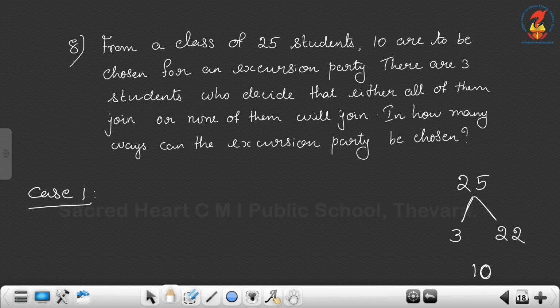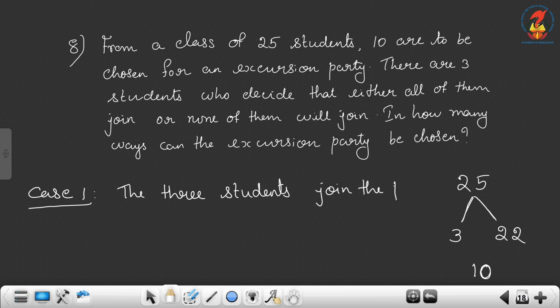Either these 3 students will join the party. So these 3 join the party.